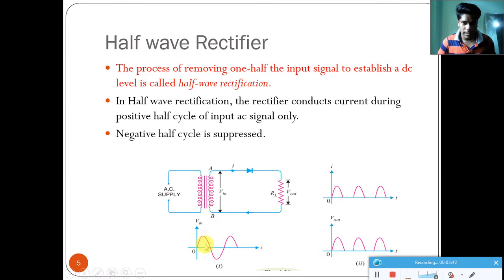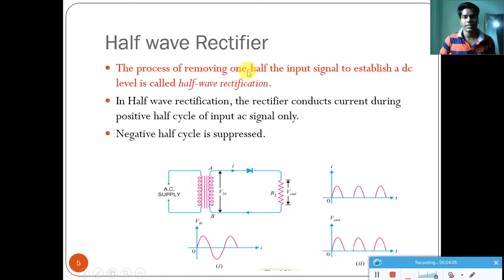In each cycle we have a positive half as well as a negative half. So the line is saying that the process of removing one half of the signal to establish the DC level is called half wave rectification.